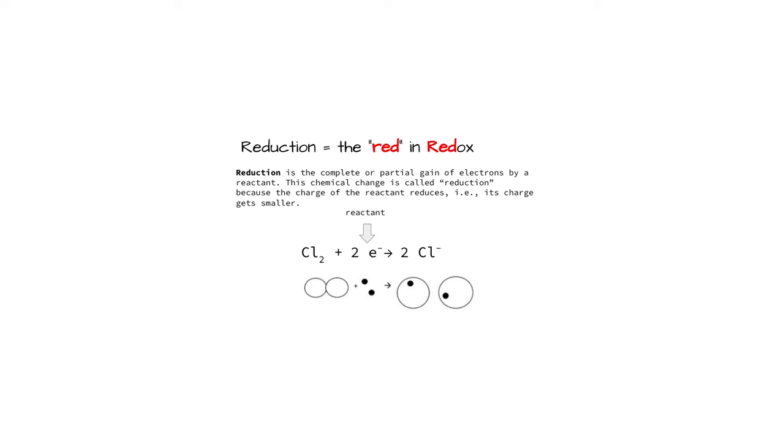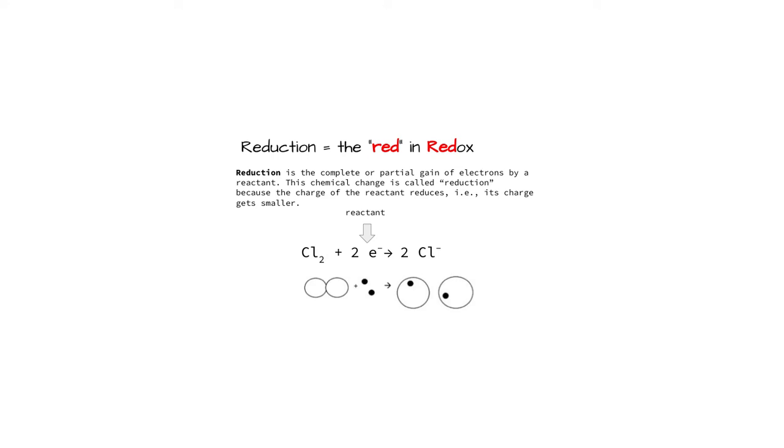So reduction is a complete or partial gain of electrons by a reactant. So in the example that I have given you, chlorine, the diatomic gas chlorine, adds 2 electrons to become the chloride ion in water. So you can see that it gained 2 electrons.